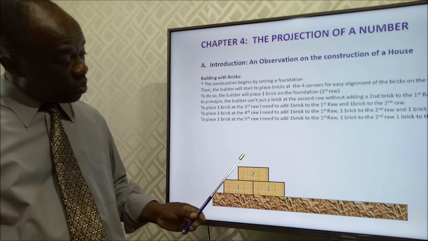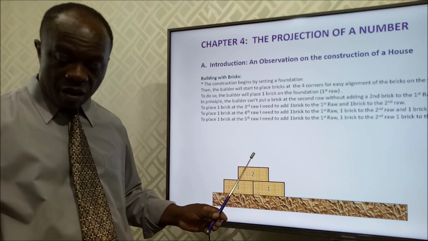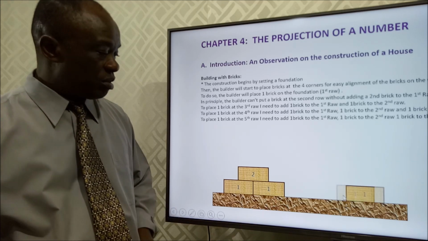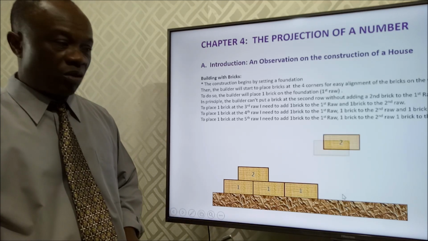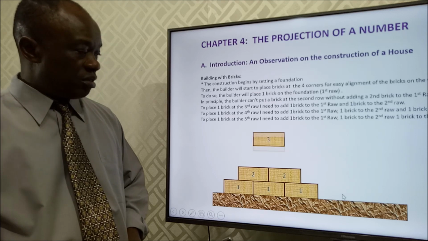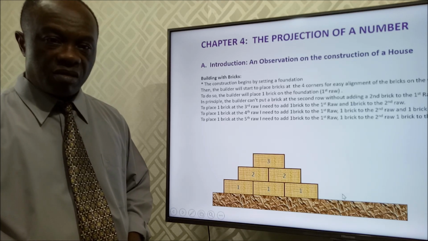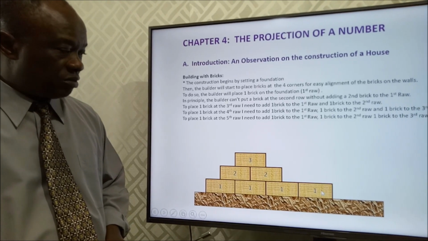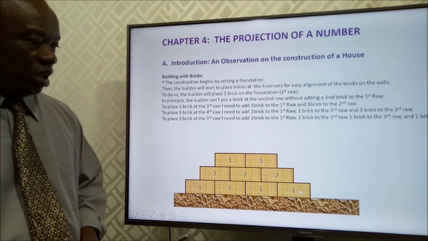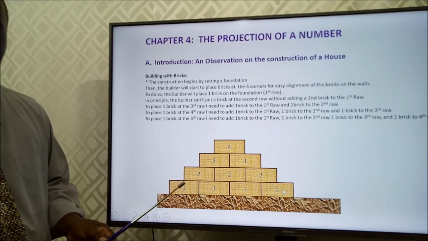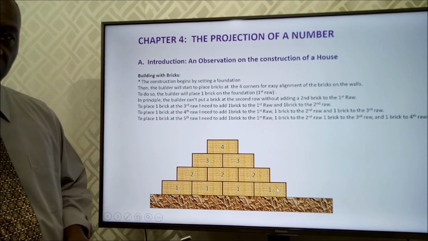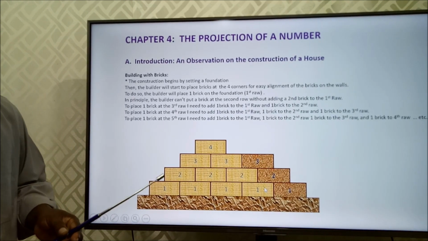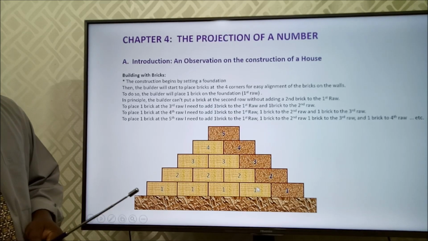Therefore, if they want to put a third brick on top, they will go again to the first row, add 1 brick, second row, and then the third row. Brick number 4, they will go 1, 2, 3, 4. Brick number 5 will go 1, 2, 3, 4, and 5.